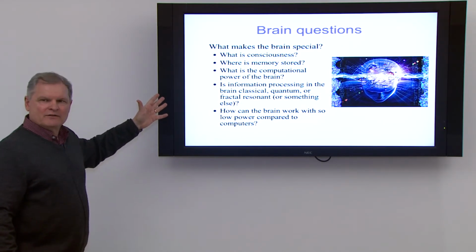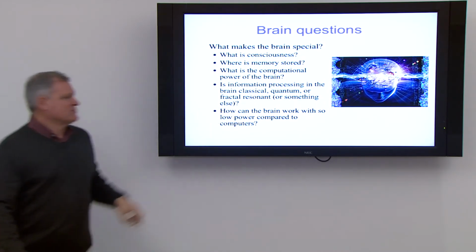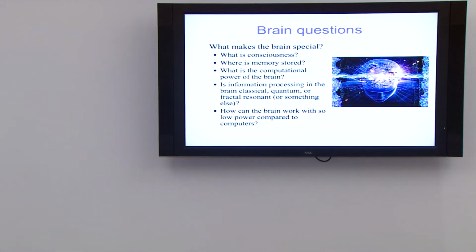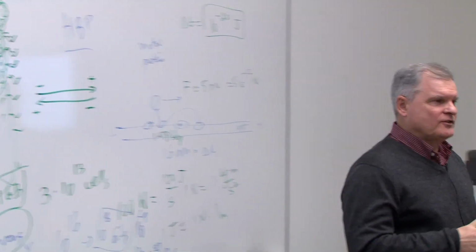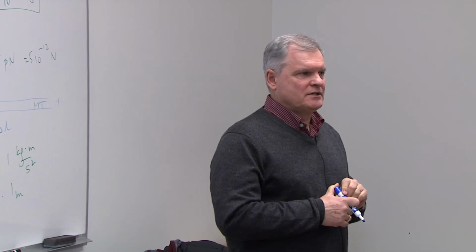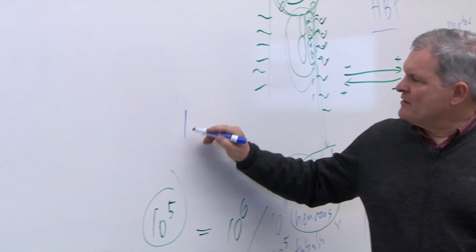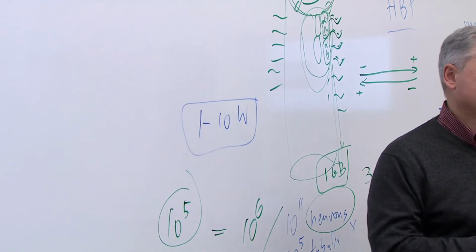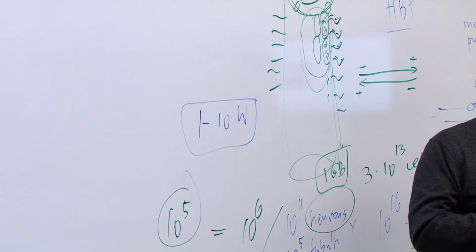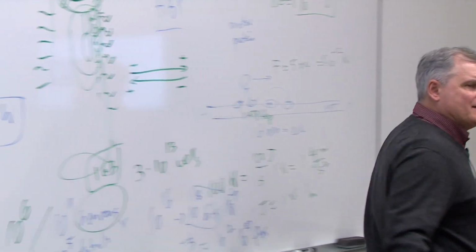The speeds are incredible. Okay, and then I mentioned to you that all of this, even at the most conservative estimates, uses incredibly low energy, because we use something on the order of 1 to 10 watts for the processing of the information in the brain. So cognition costs us almost nothing.